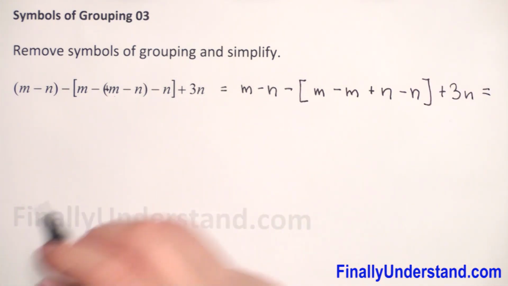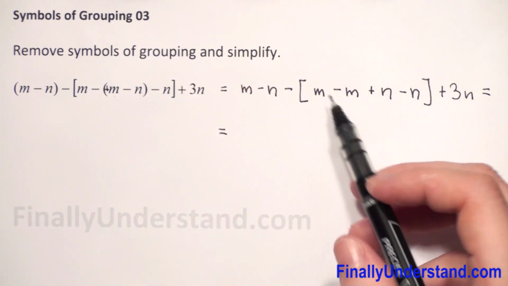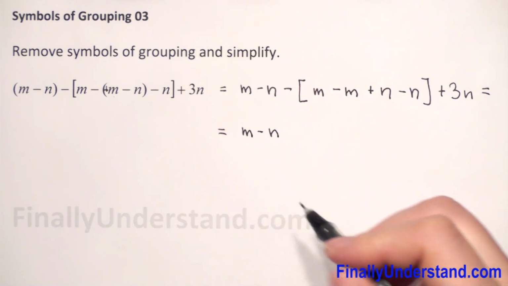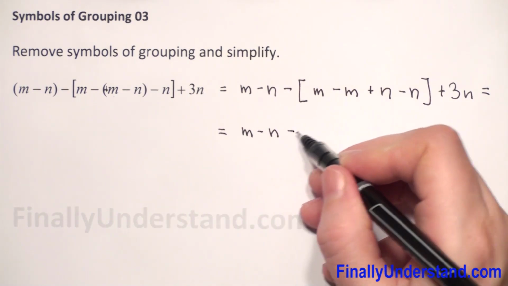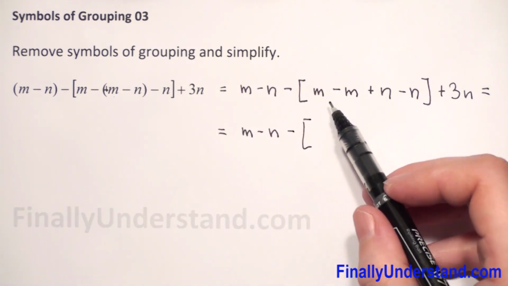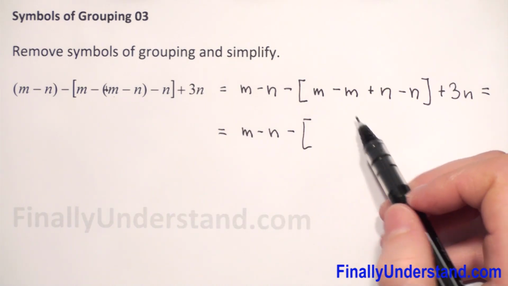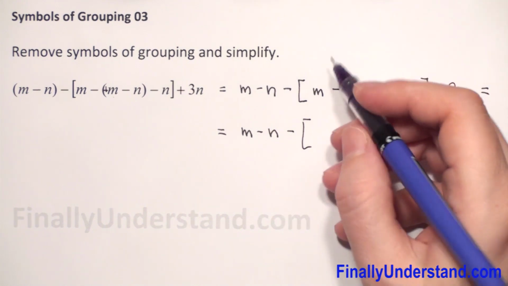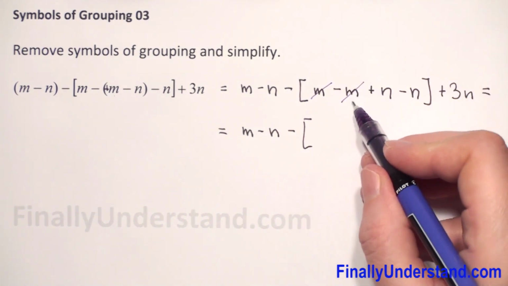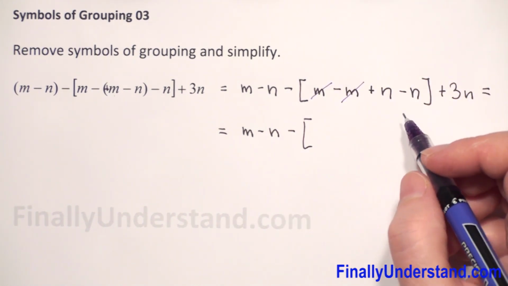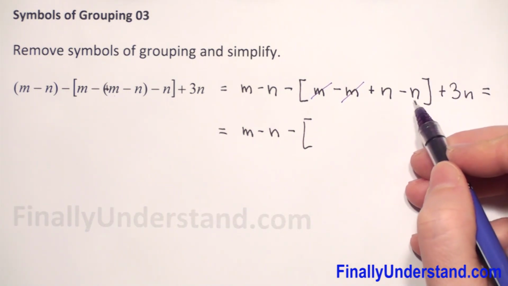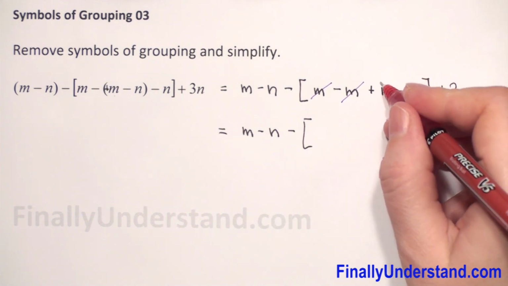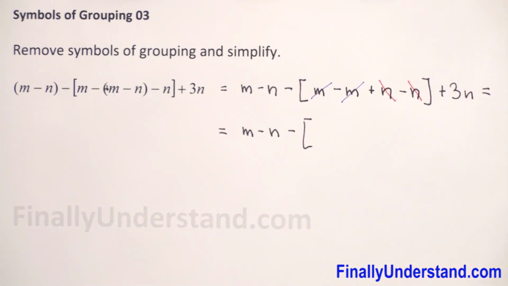Next we have to do our operation in the brackets. So m minus n we have to rewrite, negative sign, open brackets, and we have the like terms. We have m minus m, so we can cancel out, it is 0, and we have n minus n, so it also gives me 0, so we can cancel out.